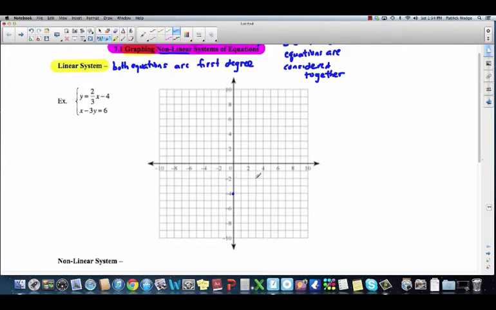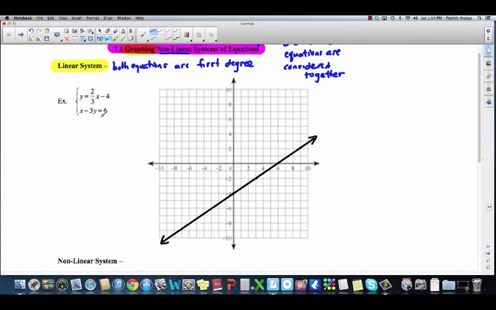Rise 2, run 3. I could do that a couple times. 1, 2, 3. Maybe one more. 1, 2, 3. And then we're going to join that with a line. And I will extend it the other way. This takes a little while, but there we go. There's the first line. I guess we might want to put some arrows on the end of that line.